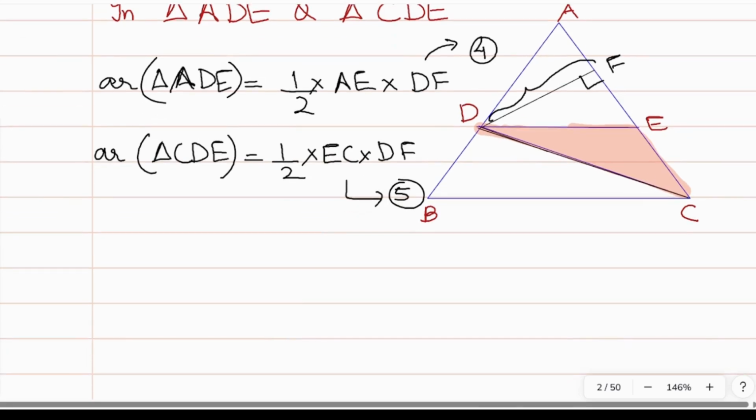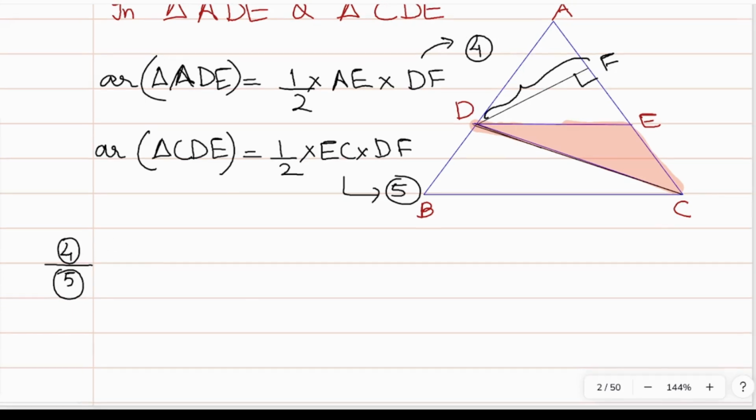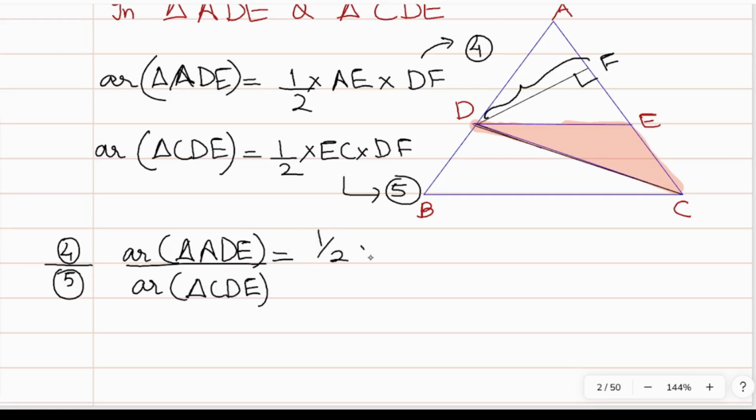On comparing, if I'm dividing 4 by 5, what will I get? Area of triangle ADE divided by area of triangle CDE equal to half into AE into DF divided by half into EC into DF, right?